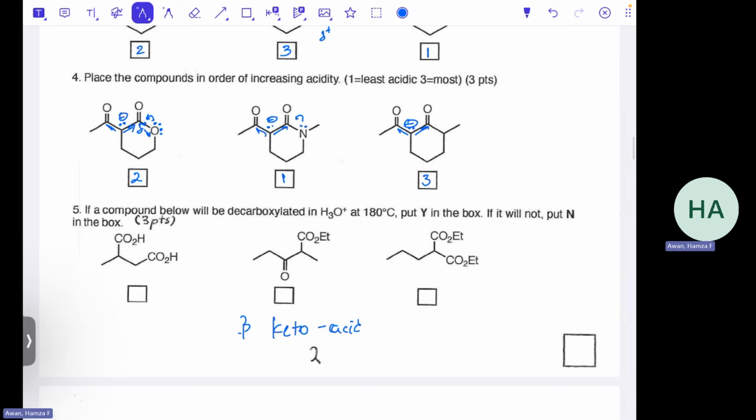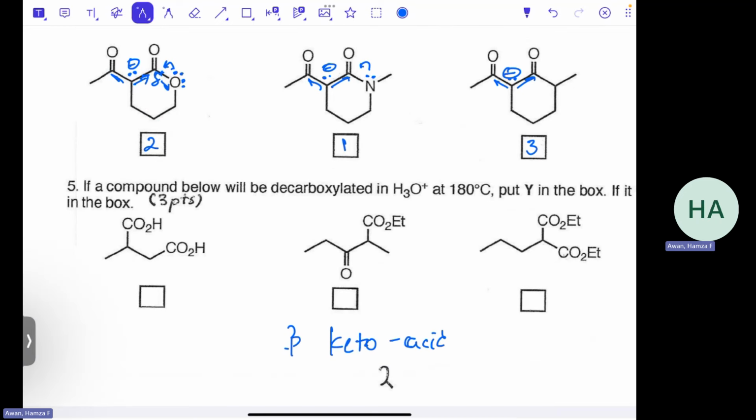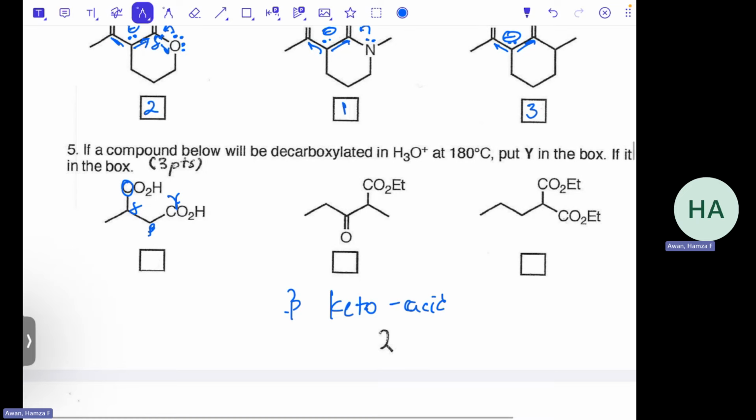What that essentially means is that if we start at the carbon of the carboxylic acid and go alpha, beta, and there's a carboxyl group there, this is going to be decarboxylated. In the first case, our carboxyl group is on the gamma carbon, the third carbon, so it is not going to be decarboxylated. The answer for the first one is no.